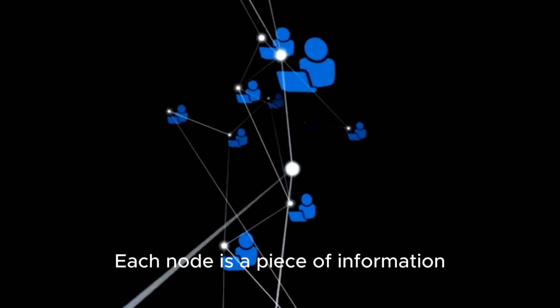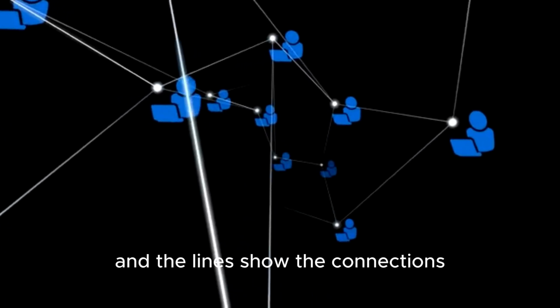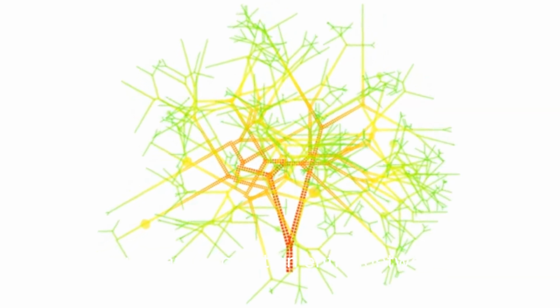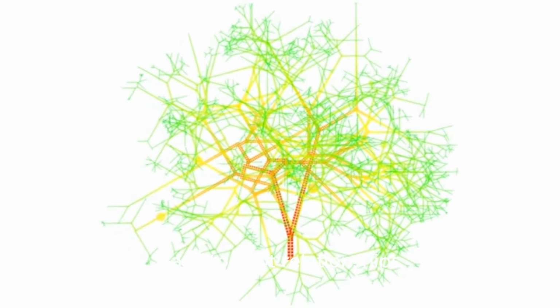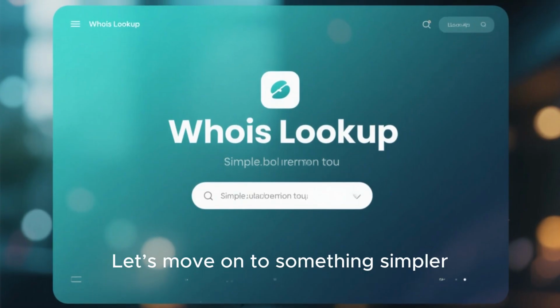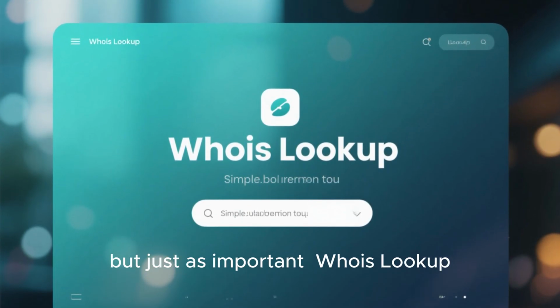Each node is a piece of information and the lines show the connections. You can see how quickly we can map out an entire network infrastructure, making it incredibly easy to spot relationships you might otherwise miss.